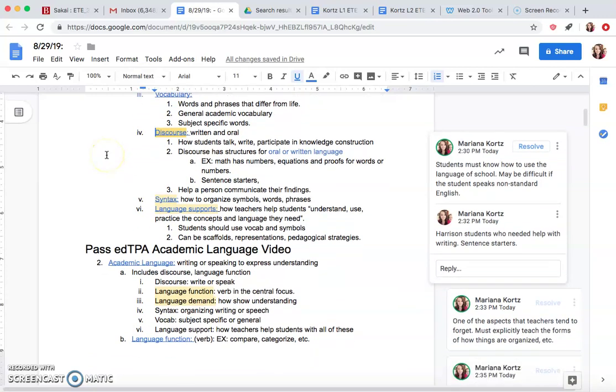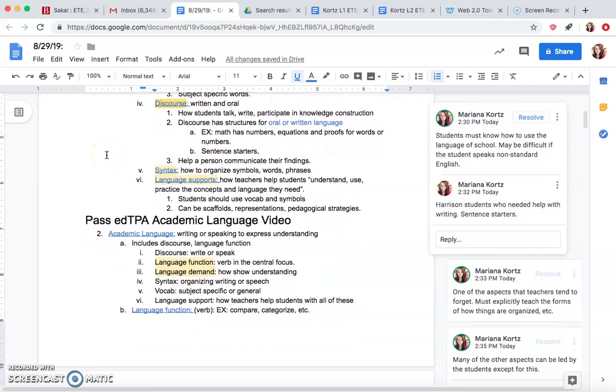I was able to see how to teach discourse at Harrison. I had a group of students who really needed help with writing. They would read a section about, say, the pioneers, but they wouldn't know how to start answering a prompt. And so my cooperating teacher and I provided them with sentence starters.